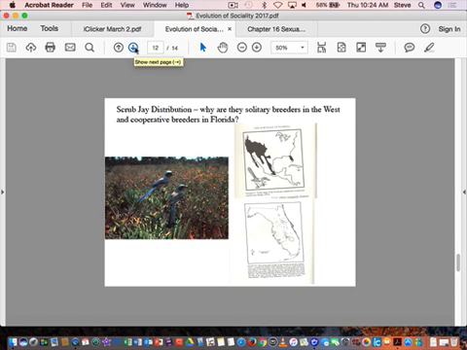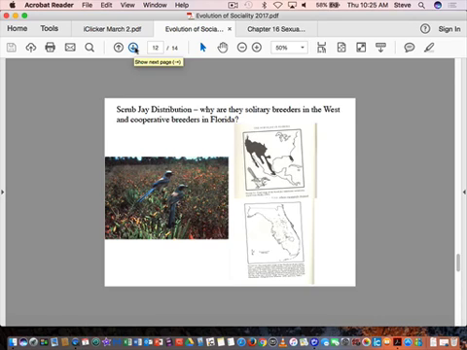So there are about 20 bird species throughout the world that we call cooperative breeders. And I think this is the only known example in North America.